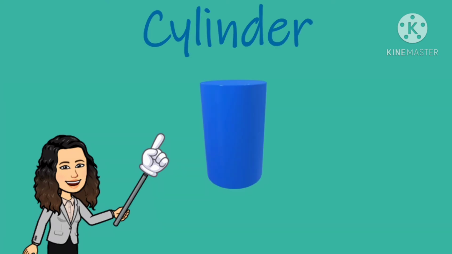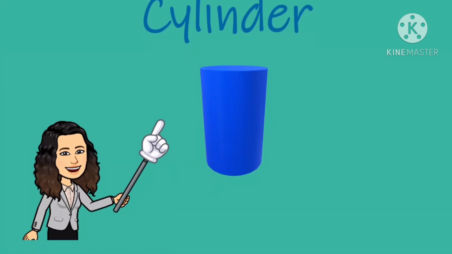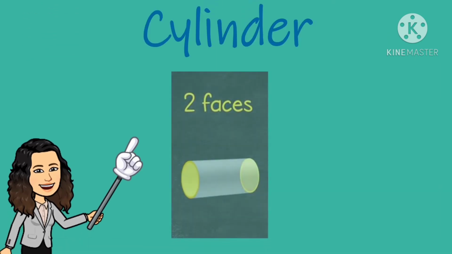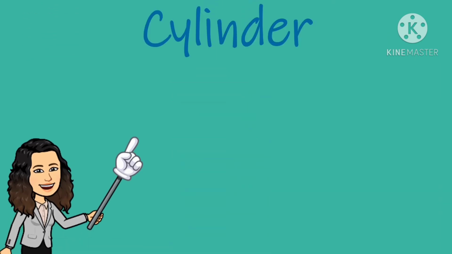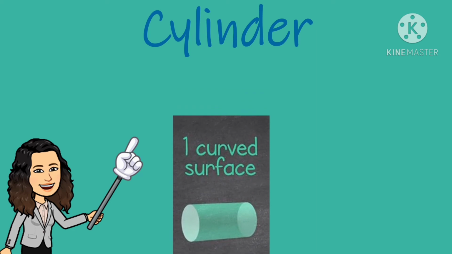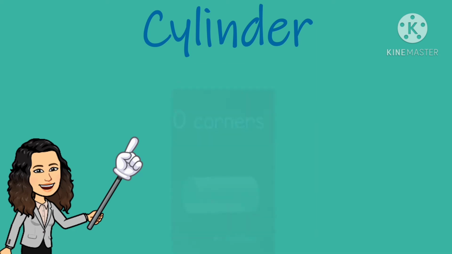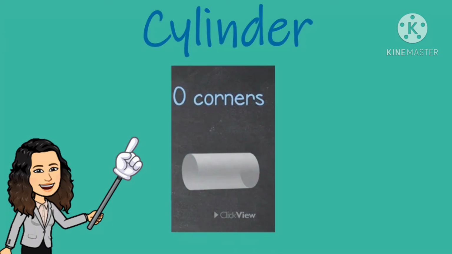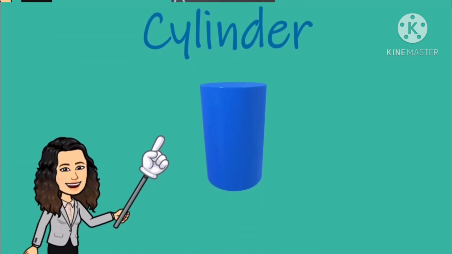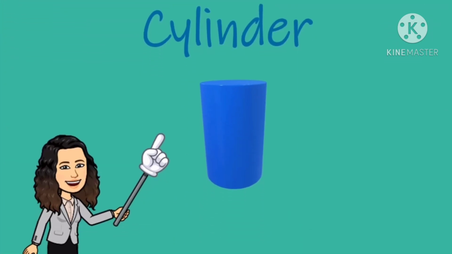A cylinder has 2 circles on each end that are the same size with a tube in the middle. It has 2 faces and 1 curved surface. The cylinder also has 2 edges, but no corners. Remember, a corner is where 2 or more edges meet. In a cylinder, there are no corners because its 2 edges do not meet.